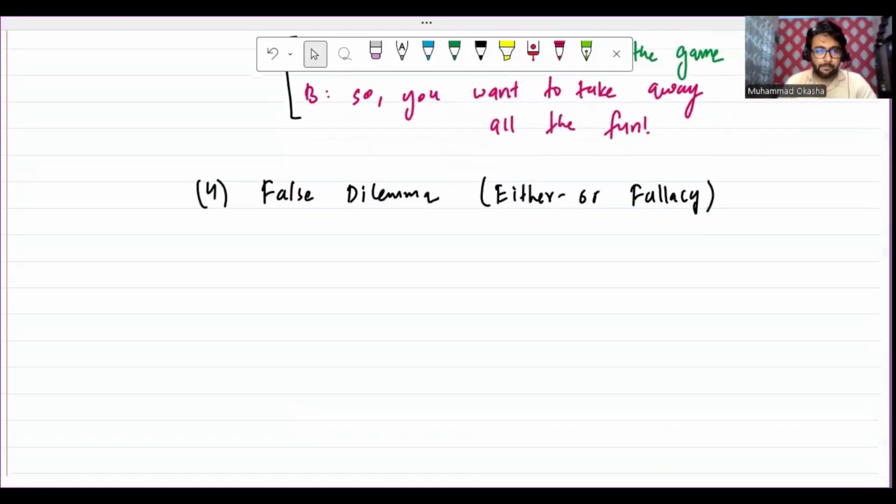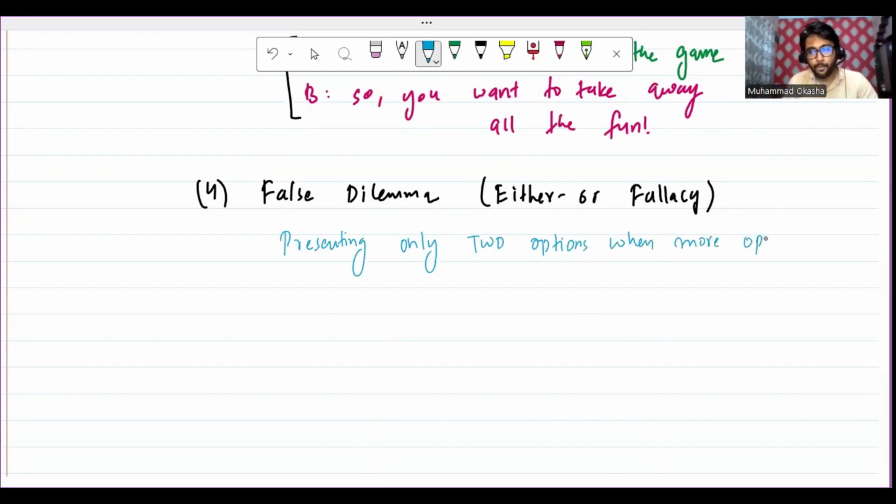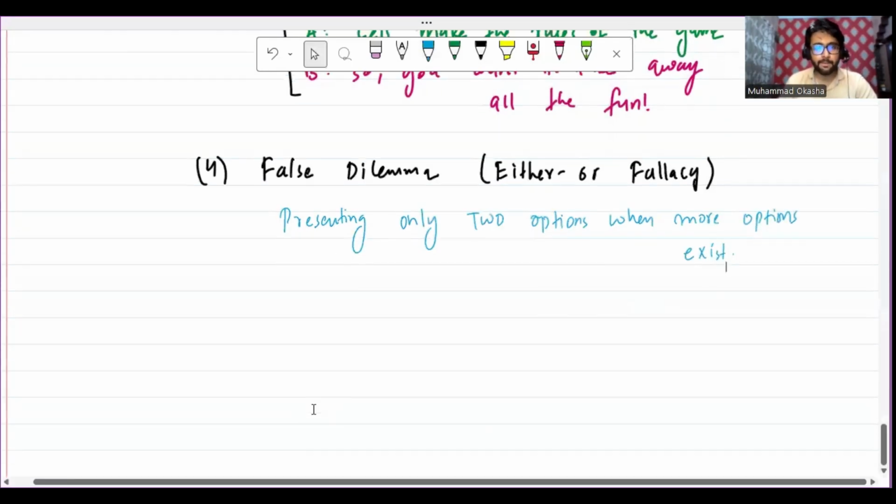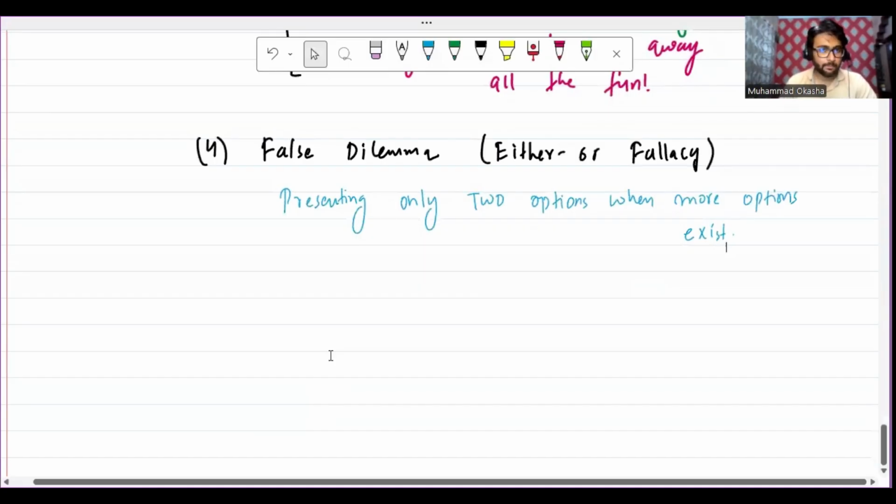For example, you present an opinion in such a way as if only two options exist, when more options exist. When you say either this or that, या तो ये बात खत्म, right? This is called false dilemma.